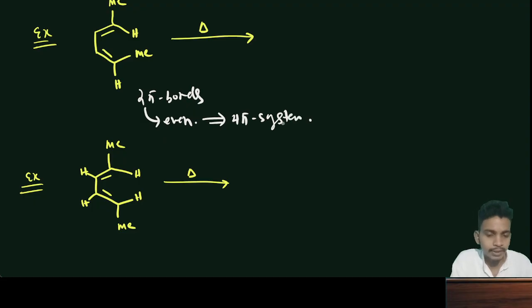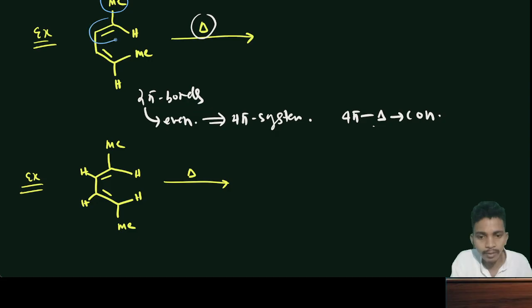If it is a 4 pi system, then 4 pi heat means the heat is given here, and we will do the conrotatory to make the bond. Now how will we make the bonds? Another thing we will note is that this is a double bond. For this double bond, this and this are trans.